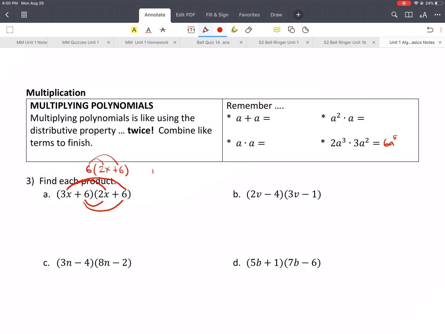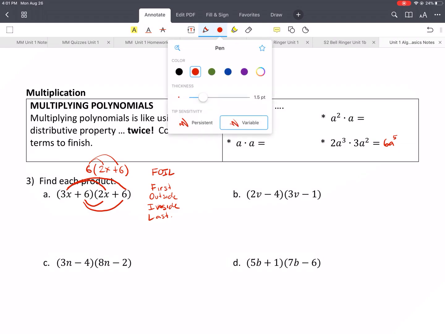Okay? And this is called foiling. Where F is the first, O is outside, I is inside, and L is last.